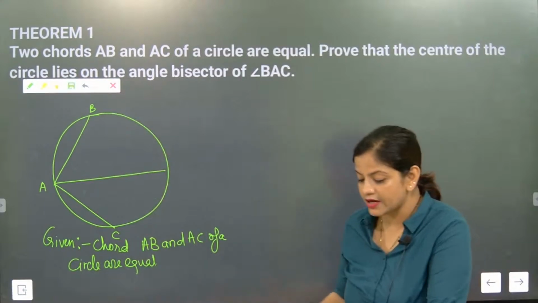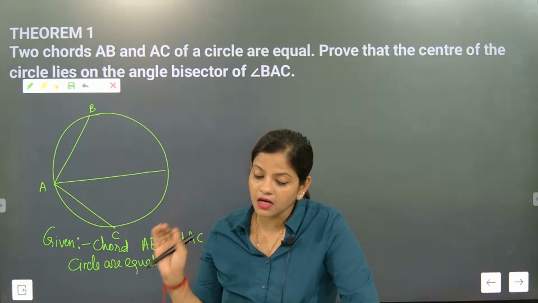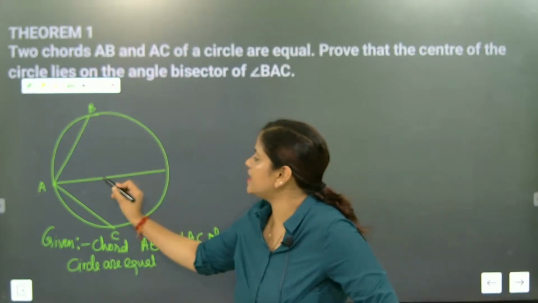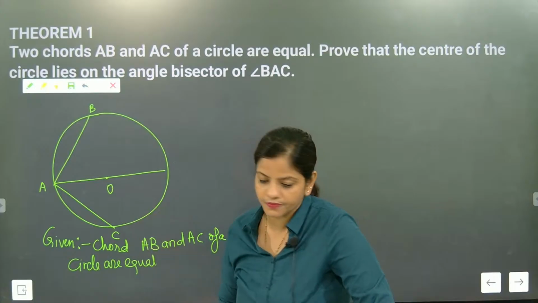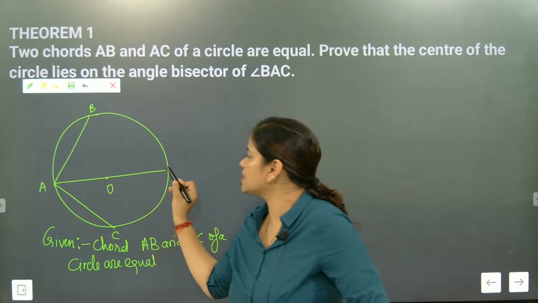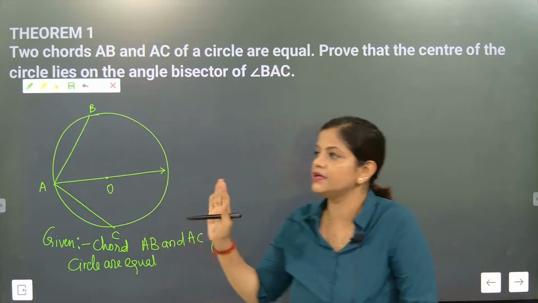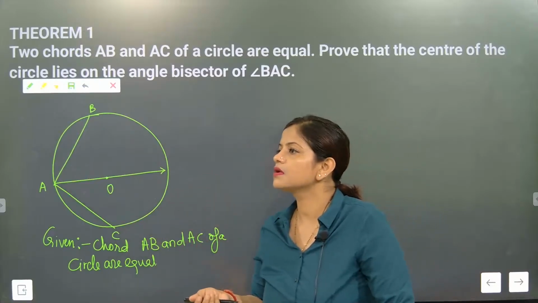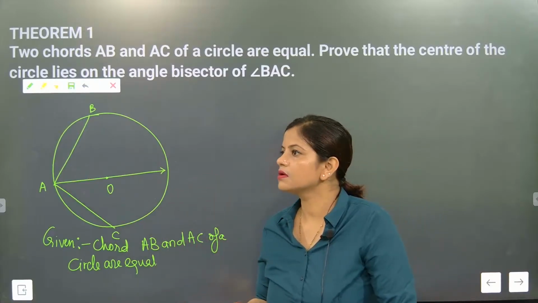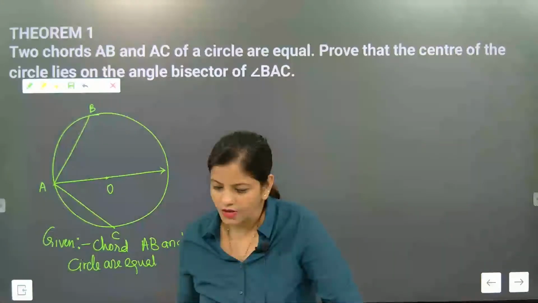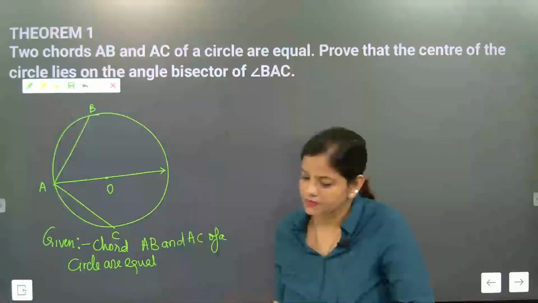So we will write one center here and mark it as O. So the center of the circle is coming on the angle bisector of angle BAC.